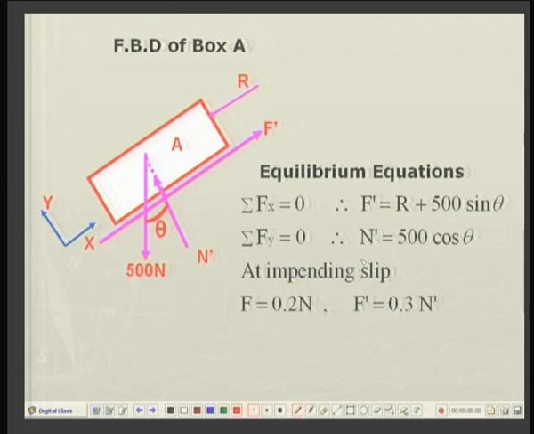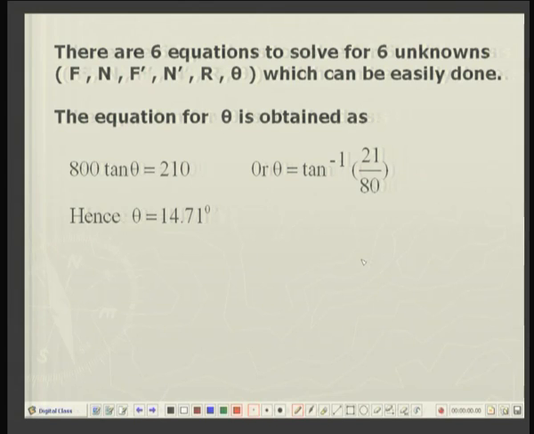So, total we have 6 equations to solve for 6 unknowns. What are the unknowns? 2 forces of friction, 2 normal reactions, the normal reaction between A and B on the two surfaces, and angle theta.